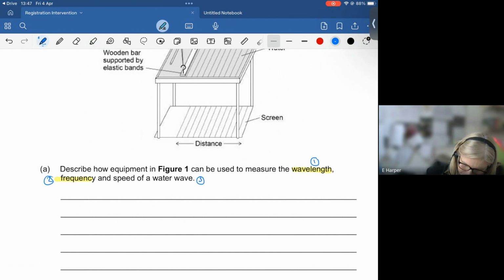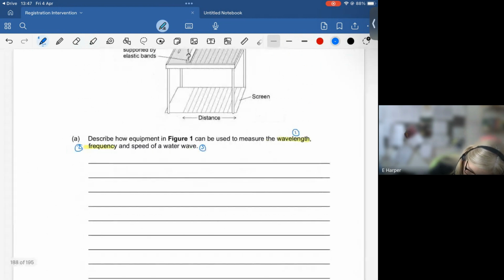Let's have a look at wavelength. To make it nice and clear to the examiner, I'm going to work out wavelength.